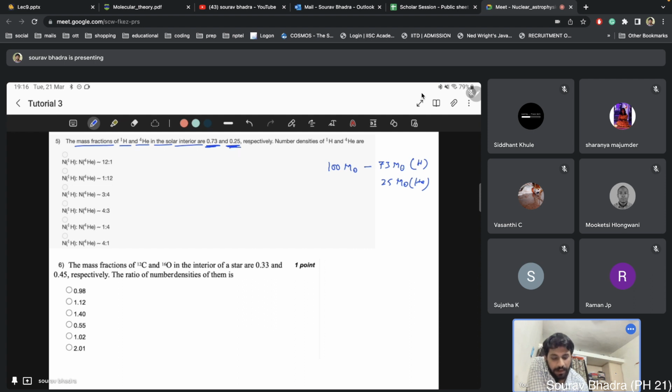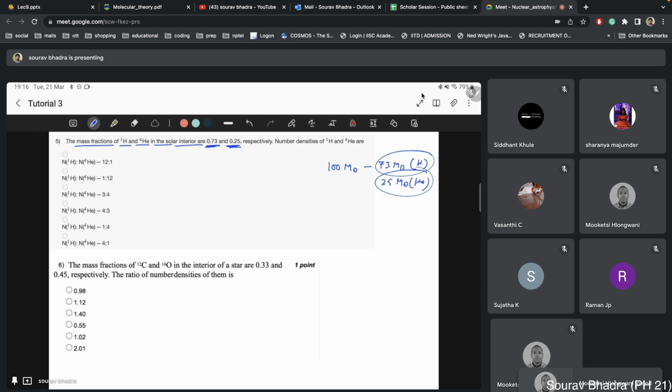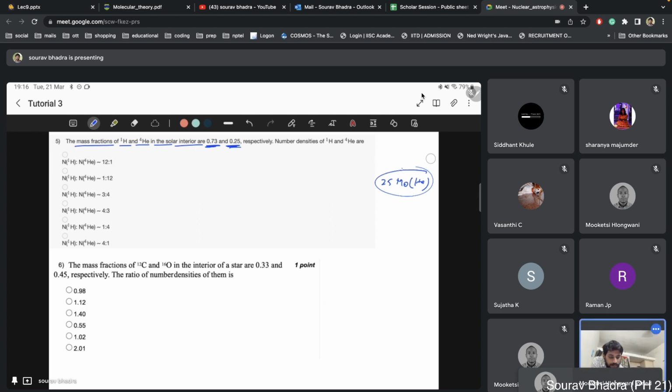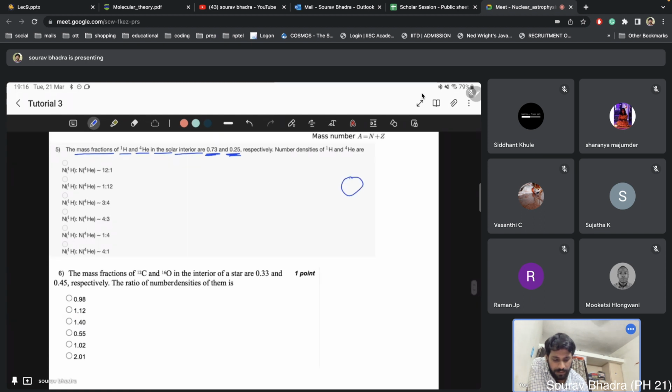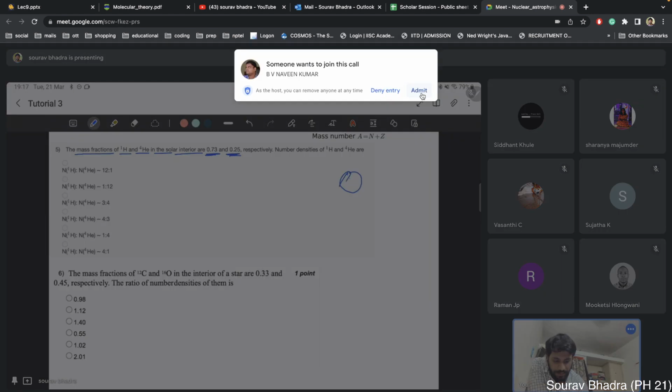Mainly hydrogen and helium. Now these are the mass abundances, and from here you have to calculate the number density. I will tell it in a very easy way. So suppose this is a mass m.